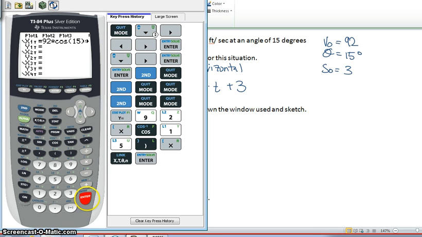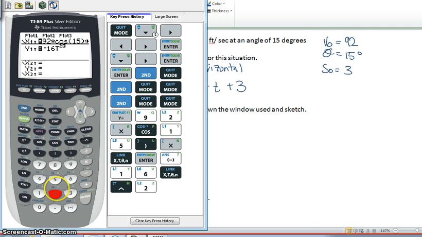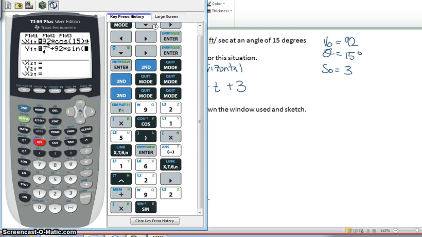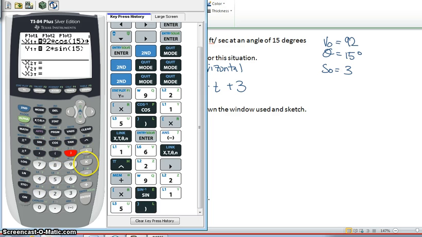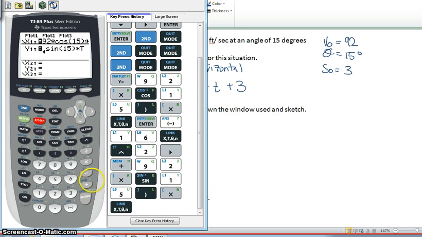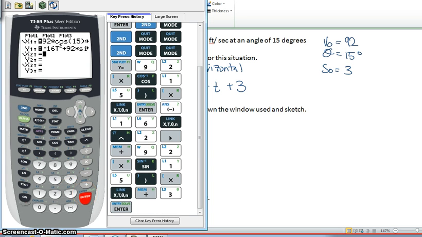And now for our y, we have negative 16 t squared plus 92 times sine of 15 times t plus 3. So now we have our two equations entered, and what we want to do is we want to graph. So let's go ahead and graph.